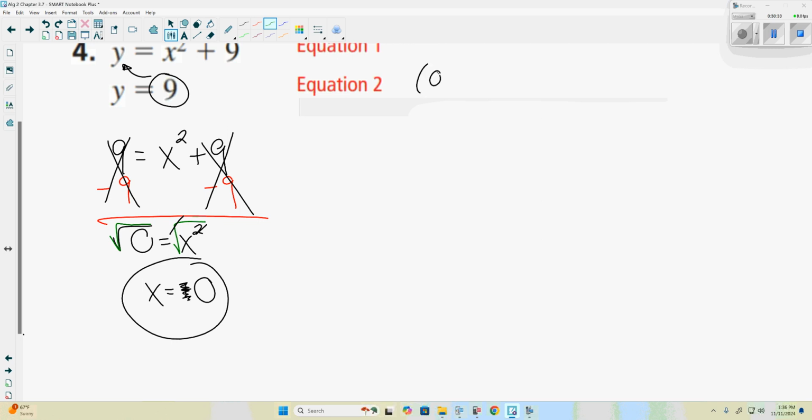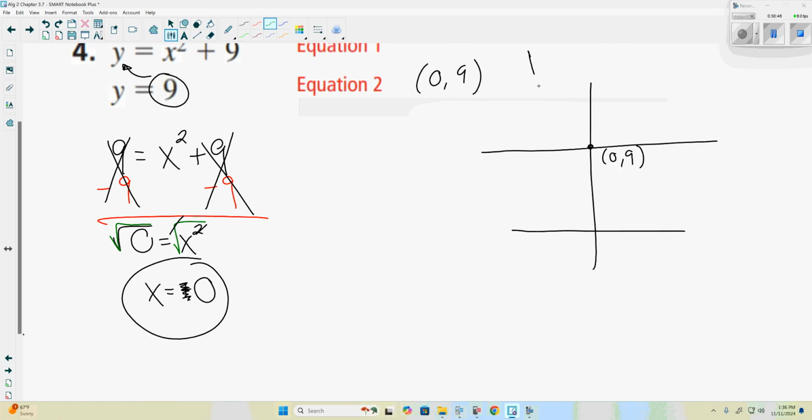And our solution is going to be the point 0, 9. And that would be the graph if we graphed it.